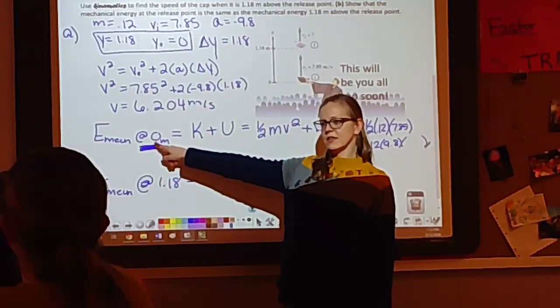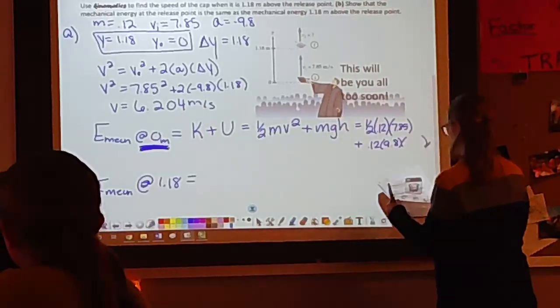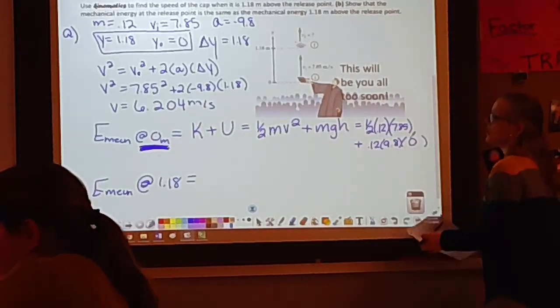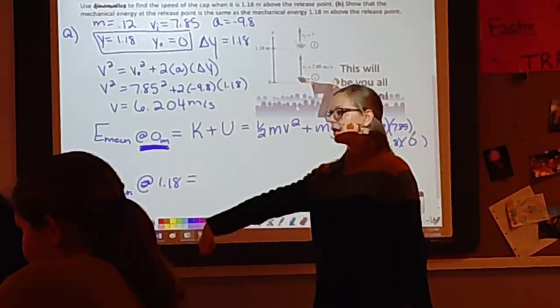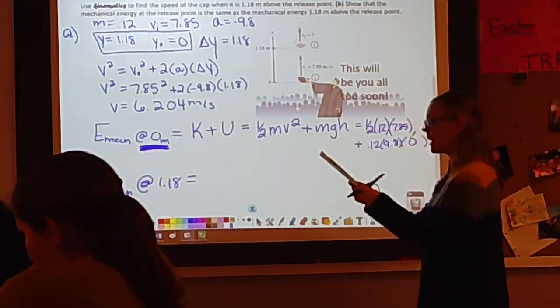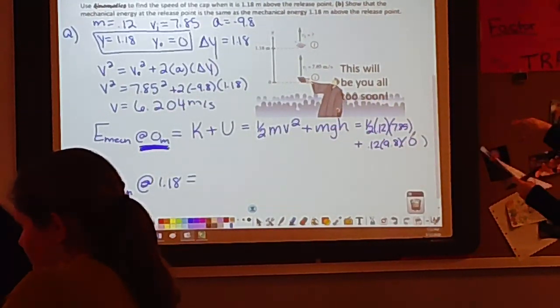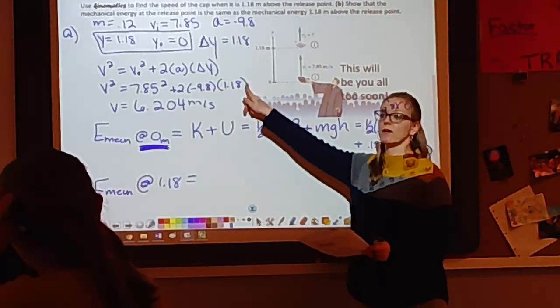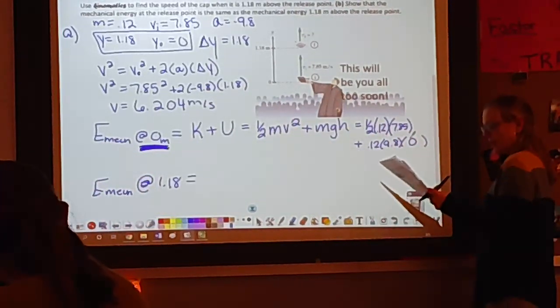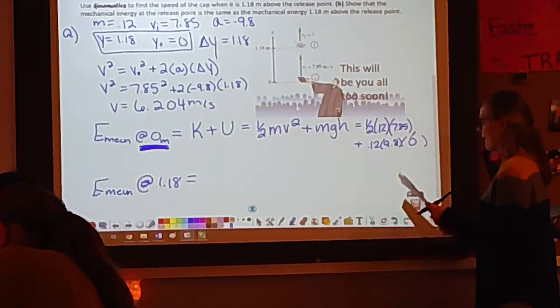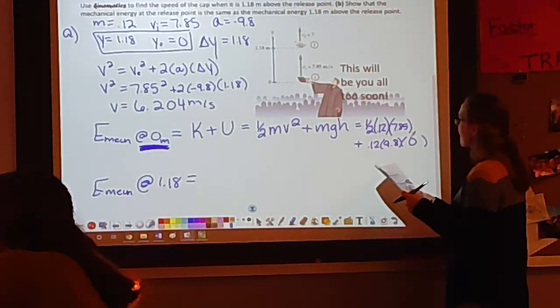Nope, look what the height is. 0. So, in other words, when he releases it, we say it's at 0, because they're saying please use this as the reference axis. What do we get? Good. So that's 7.85 squared.